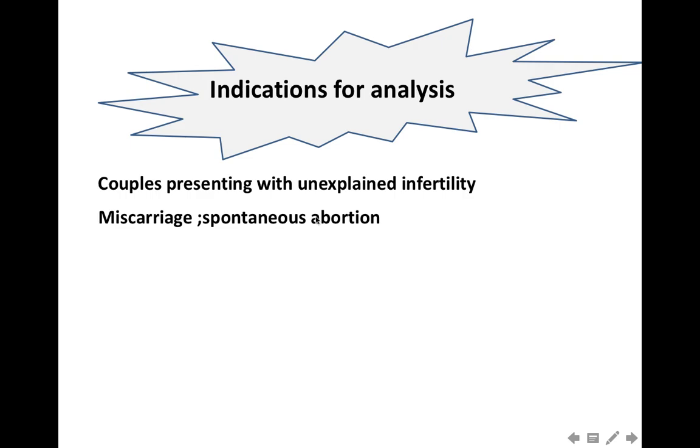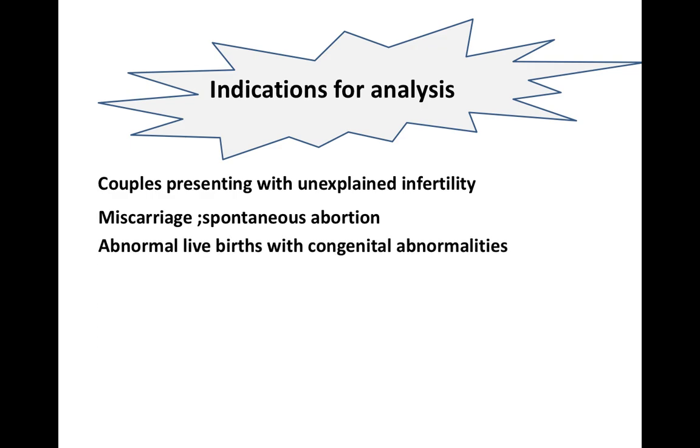Also, especially when it is repeated, then you can ask for a karyotype analysis either from the product of the abortion, or you can ask both parents, especially if repeated abortions happen. Then you can ask for the karyotype analysis again from the wife and the husband.